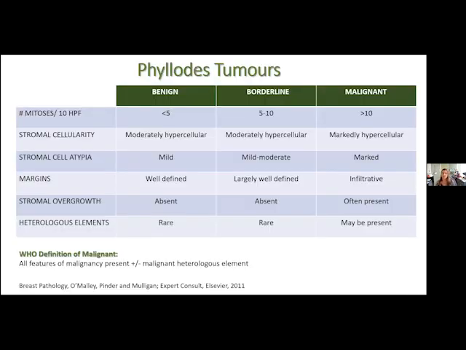I'm sure you've all seen this chart of Phyllodes before: the benign, borderline, and malignant categories, based on mitotic activity, stromal cellularity, stromal cell atypia, margins, whether or not the stroma has overgrown, and the presence or absence of heterologous elements, and importantly, whether there are malignant heterologous elements.